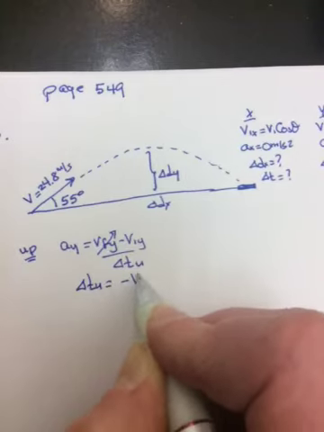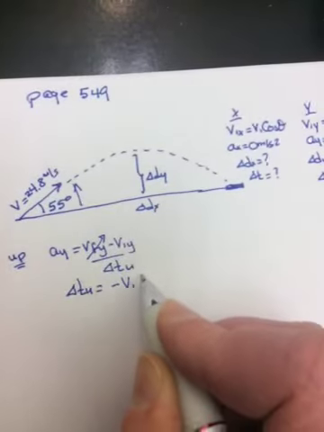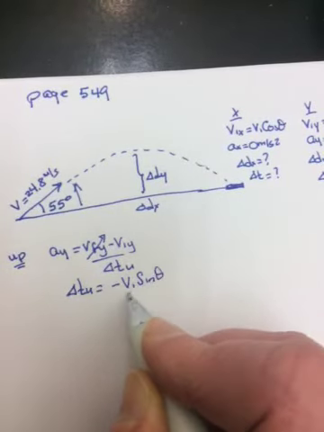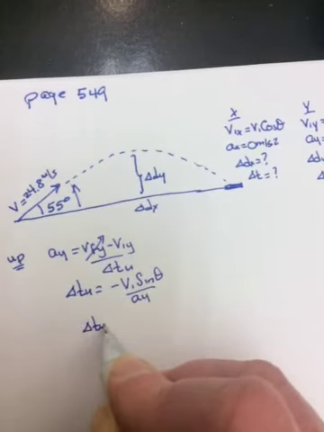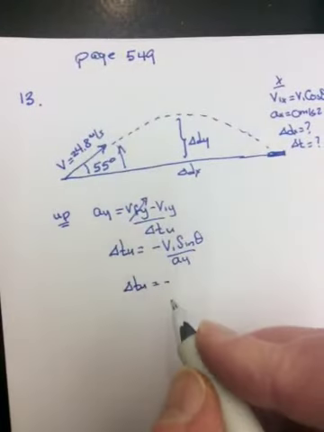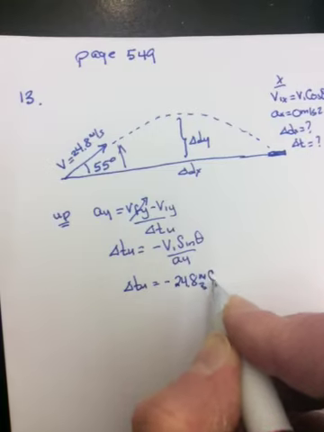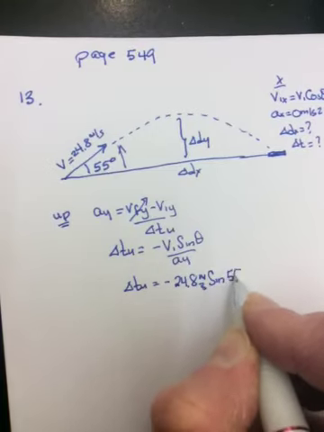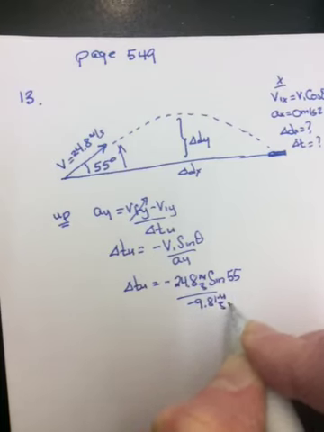So it'll be minus VIY, this guy, is VI sine theta, and it'll be over AY. So delta TU will equal negative 24.8 meters per second times the sine of 55 over negative 9.81 meters per second squared.